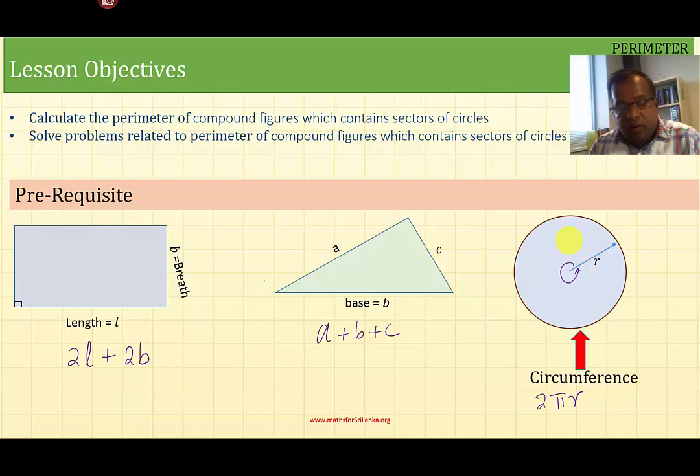In degrees, we know it is equal to 360 degrees, which is the same as 2π radians. So that's how we get this formula, 2πr.